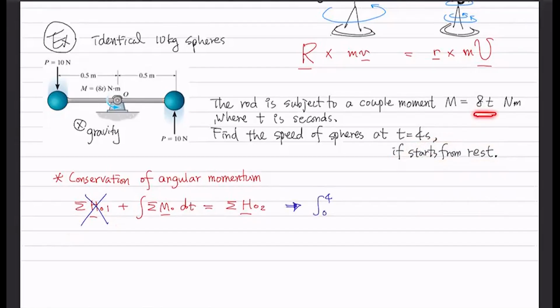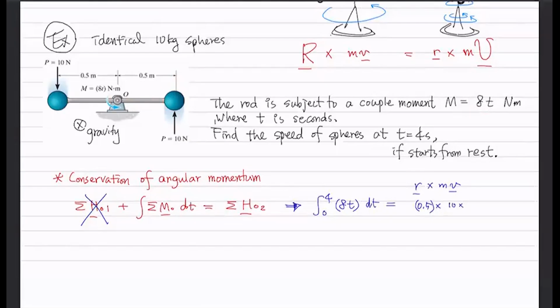Moment of force or torque is 8t dt. And that is going to be R cross mv, right? And because these are all perpendicular, we can just do 0.5 times mv. M is 10 kilogram times, what's v?